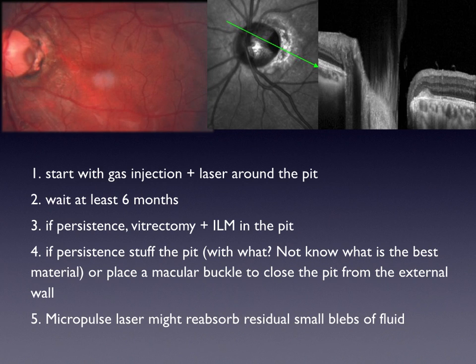And if you don't have the ILM, you have to find something else. And nowadays it seems that the amniotic membrane is a good option to close the macular hole if it's there, and also the pit. Remember to give it a try to micropulse laser in case of small blebs or collection of intraretinal fluid. Thank you.